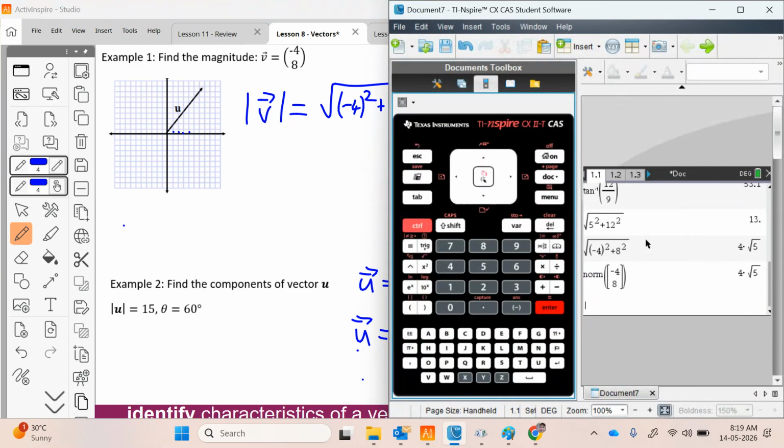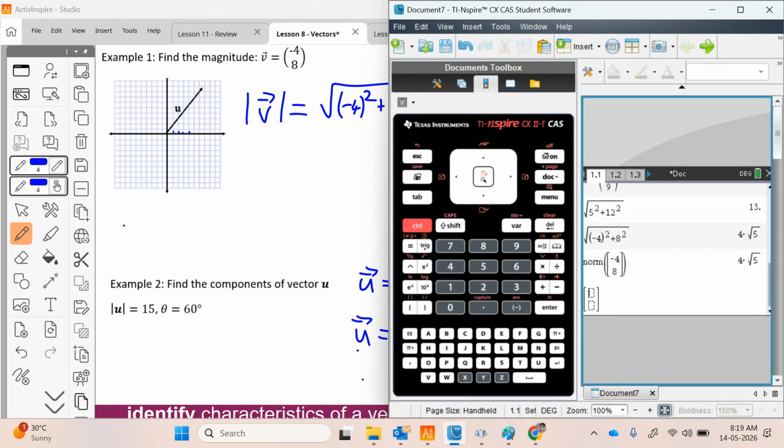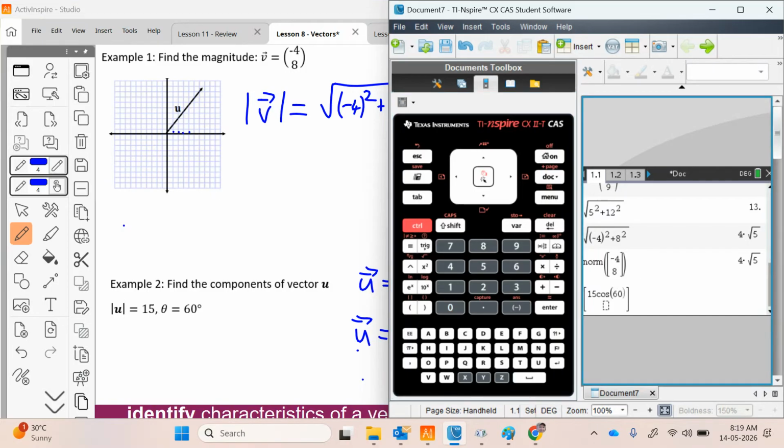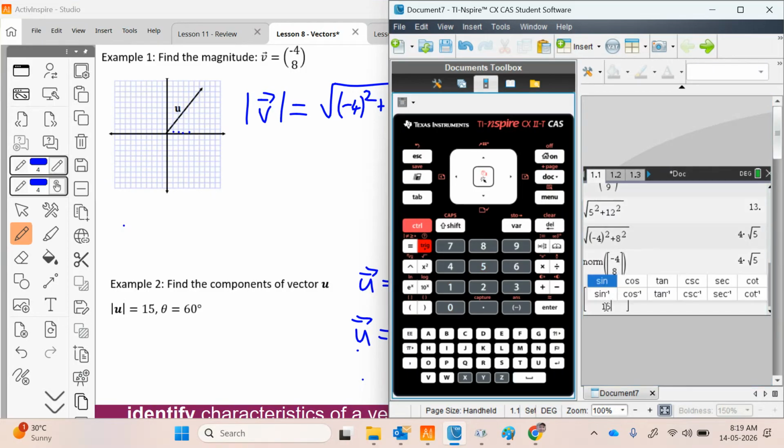If I want to just do this as a vector, you can find the vector button here. Sorry, let me do it using the templates. I'll pull up this one. And here I want 15 cosine 60 over 15 sine 60.